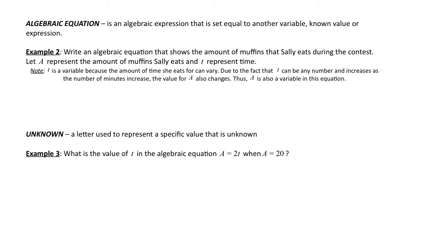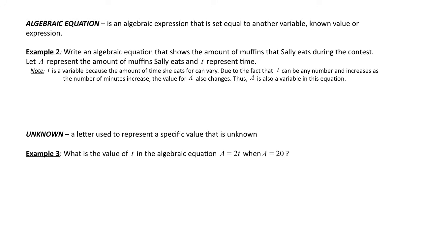In example number 2, we are asked to write an algebraic equation that shows the amount of muffins that Sally eats during the contest. But this time, they also want you to use a capital letter A to represent the amount of muffins that Sally eats, and we're still using a lowercase letter t to represent the amount of time.